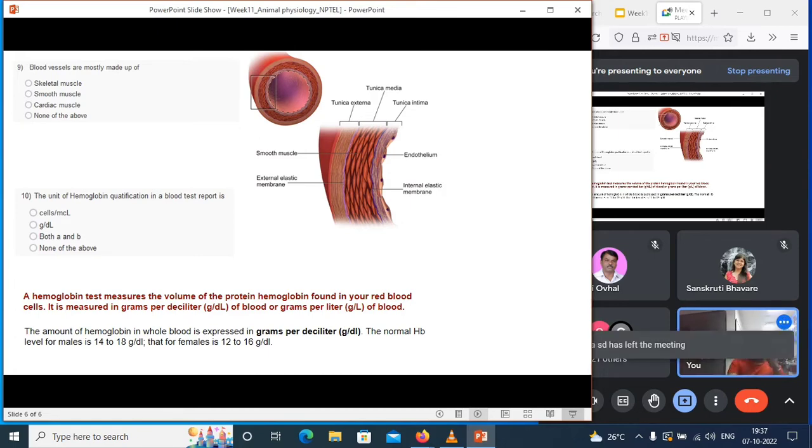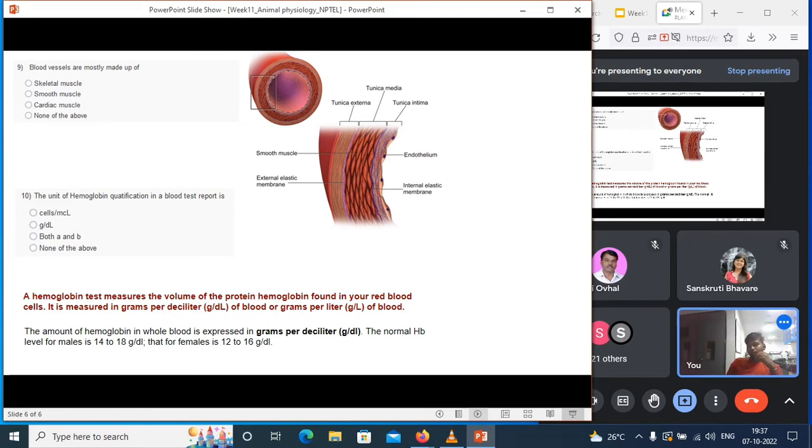One is your smooth muscles. Apart from this, you will find many connective tissues as well, so that it cannot be rigid, it needs to be flexible.